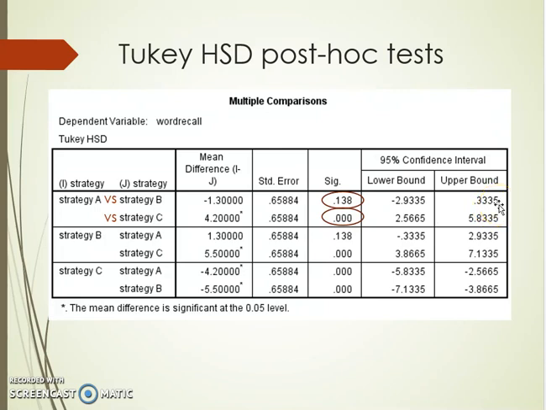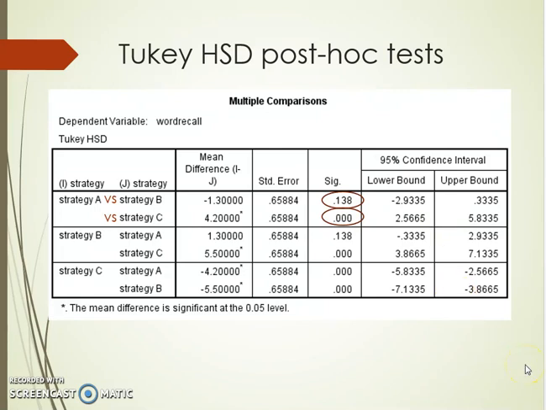So that includes 0. If your confidence interval includes 0, that tells you there's not a significant difference between those two groups. However, when we look at the relationship between strategy A and strategy C, this confidence interval does not include 0. So that tells us that this mean difference, this 4.2, is significant, and there's a significant difference between strategy A and strategy C.